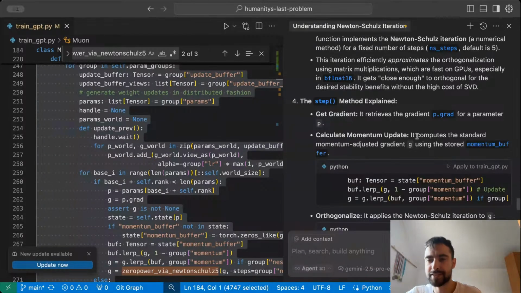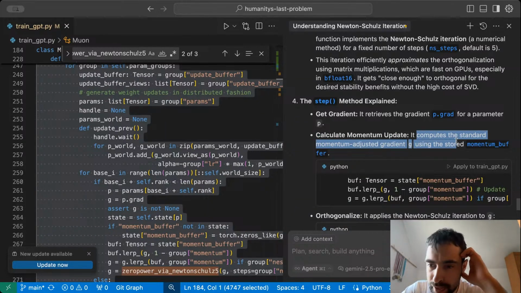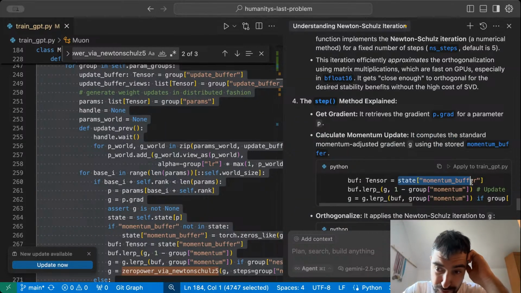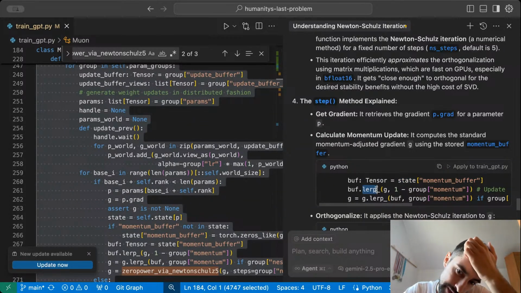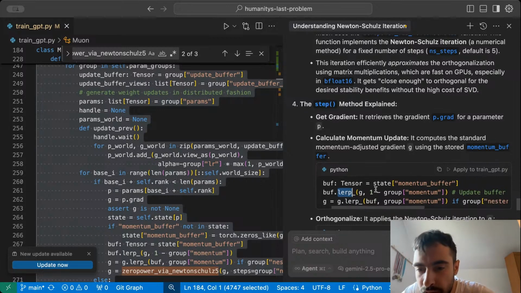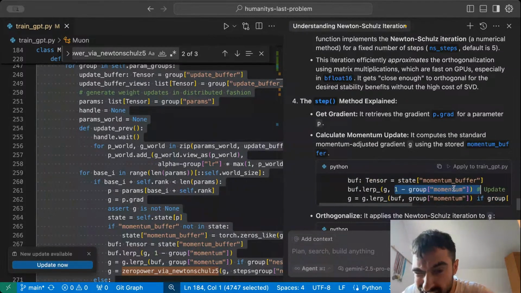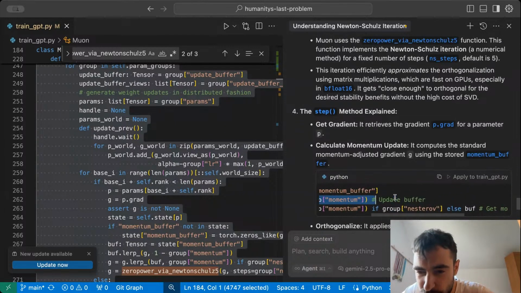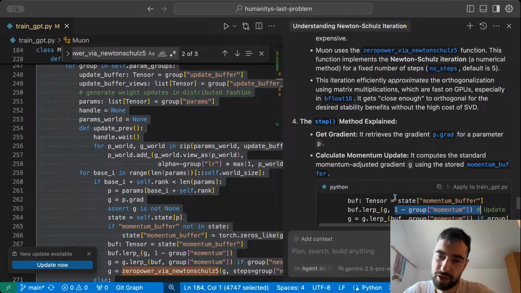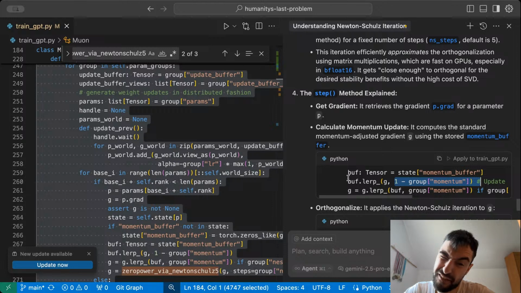It computes the standard momentum adjusted gradient using the stored momentum buffer. So we have a momentum buffer that's going to be a scalar value, I think. What is this lerp? Linear interpolation or something? I don't know. This is just a calculation formula based on the momentum buffer.